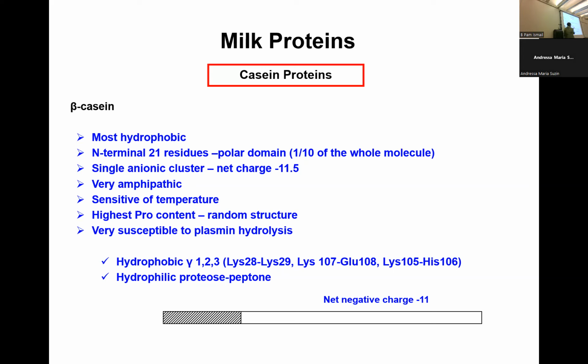So you end up having the three gamma peptides that I showed you in that flow diagram earlier, and they are hydrophobic because they are in this region, and they stay with the casein if we are separating casein. And then the hydrophilic portion called the proteose peptone remains with the whey after plasmin hydrolysis.